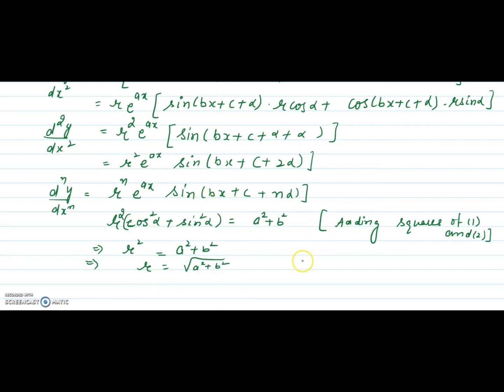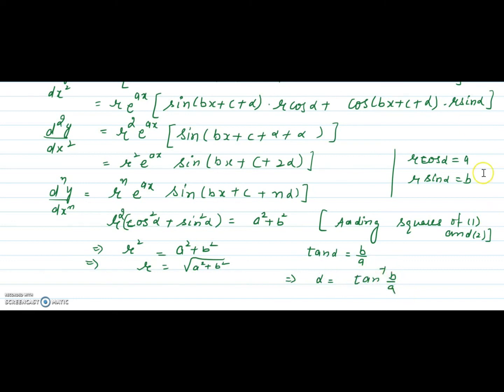When I divide the first and second, what was first? R cos alpha is equal to a. What was second? R sin alpha is equal to b. If I divide 1 by 2, then it will be equal to tan alpha, which is equal to b over a. This means alpha is equal to tan inverse b over a.